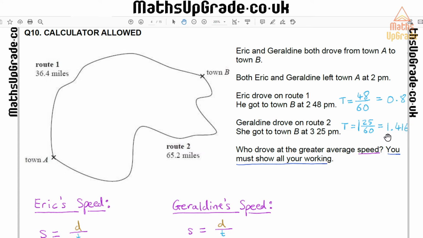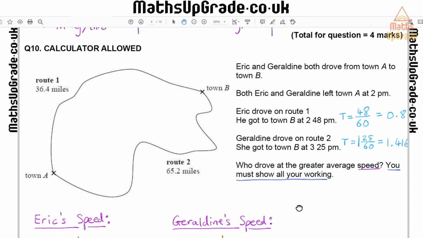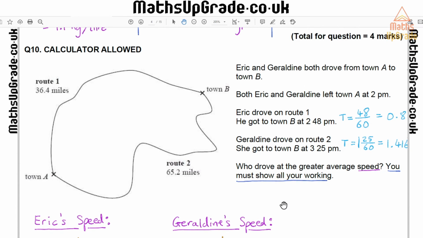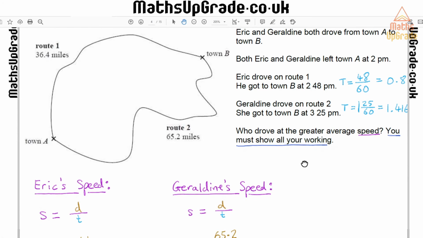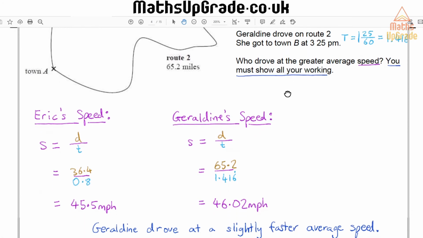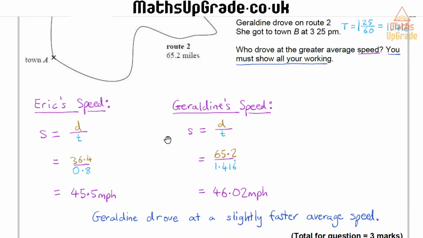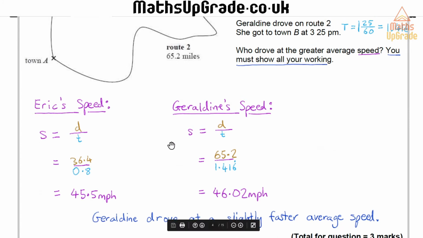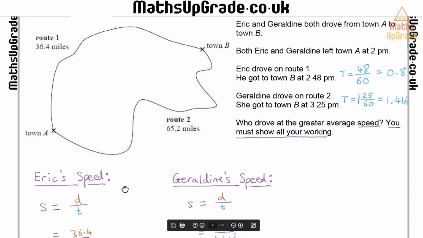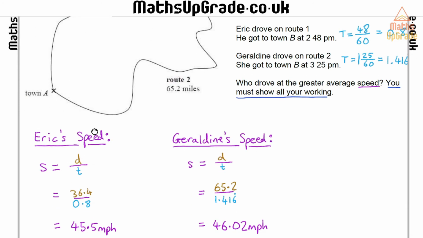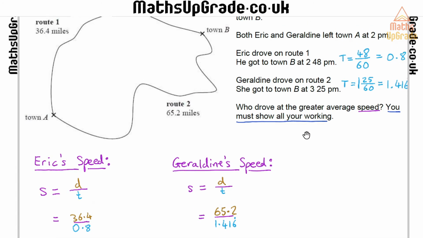Now, who drove the greater average speed? To work that out, I'm going to find each of the speeds, since I know their distances and I know their times. So to find Eric's speed, I can use speed equals distance divided by time. The distance he travelled is 36.4 as given in the diagram. The time he took is 0.8 as I've worked out.